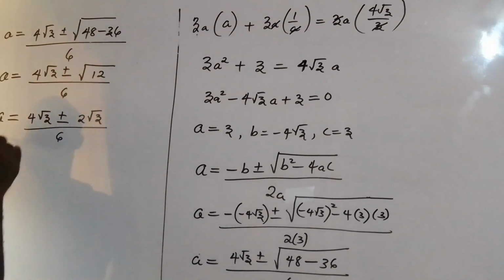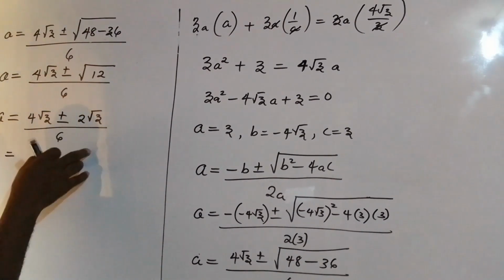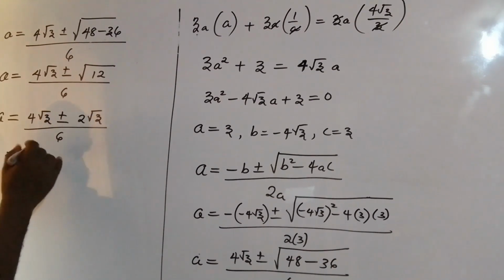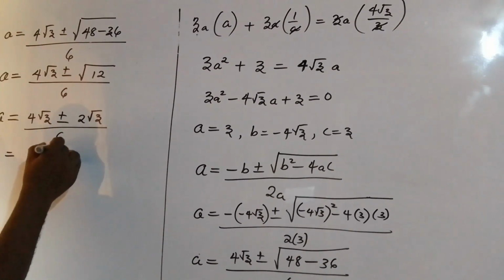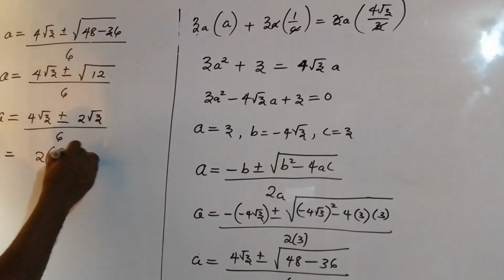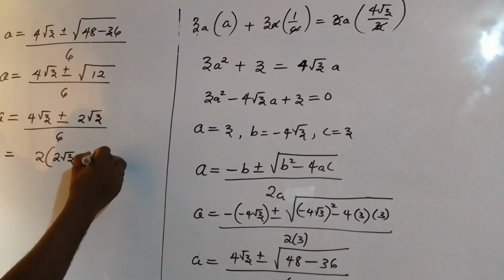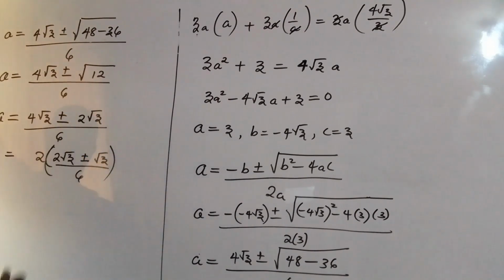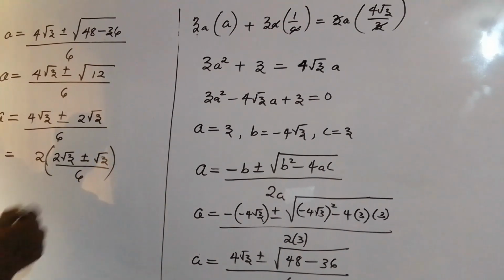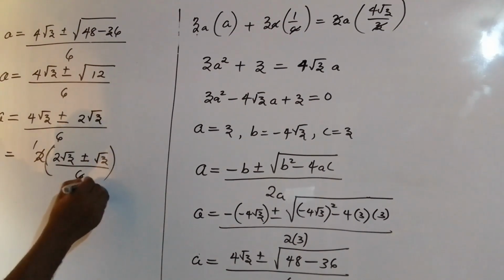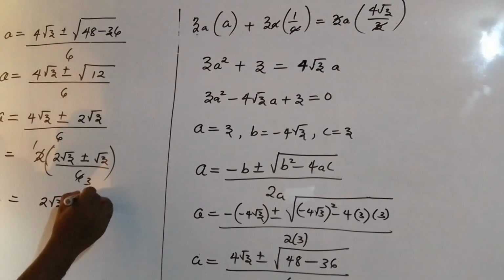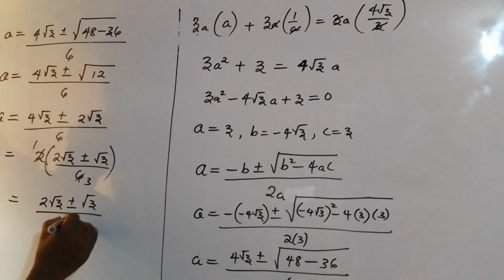If we further reduce things, I factor 2 out and have 2 open brackets, 2 root 3 plus or minus root 3, all over 6. So I have 2 here, 1, 2 here, 3. So a will give me 2 root 3 plus or minus root 3 all over 3.